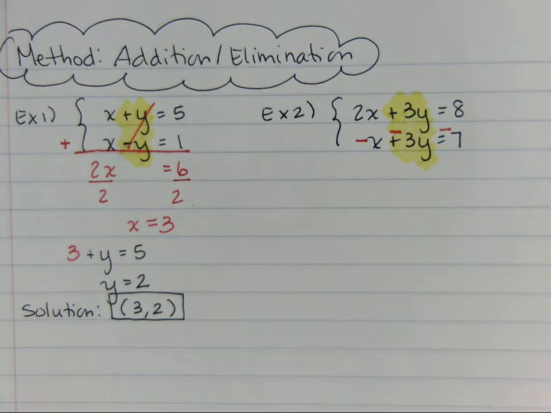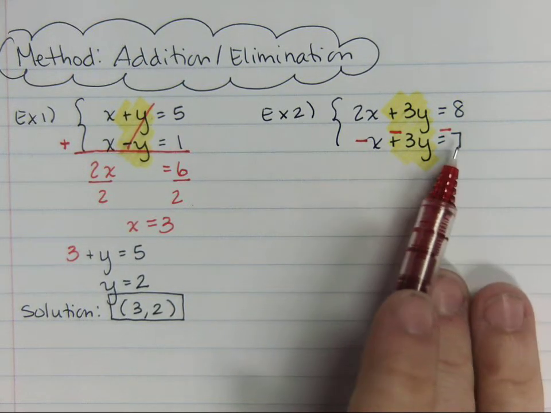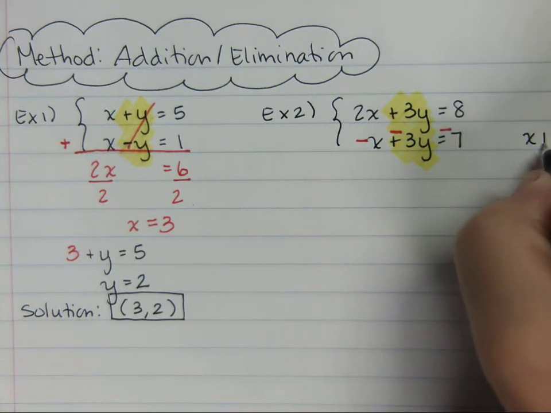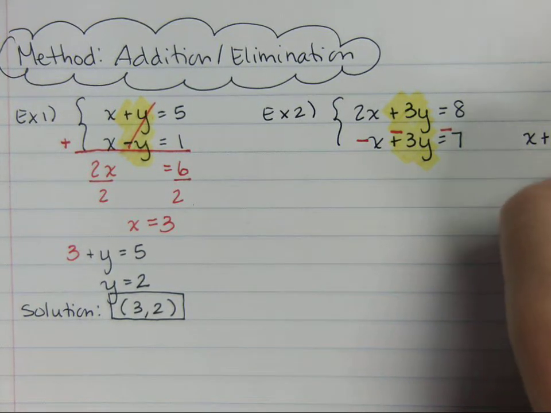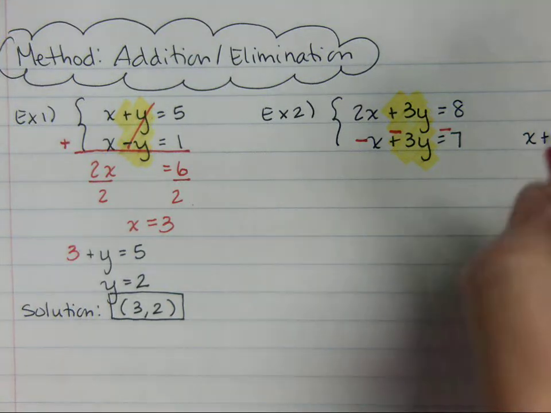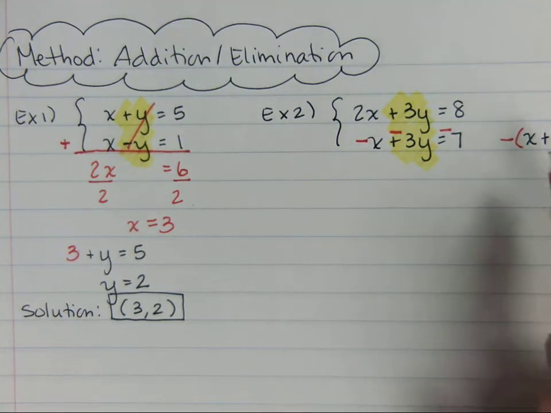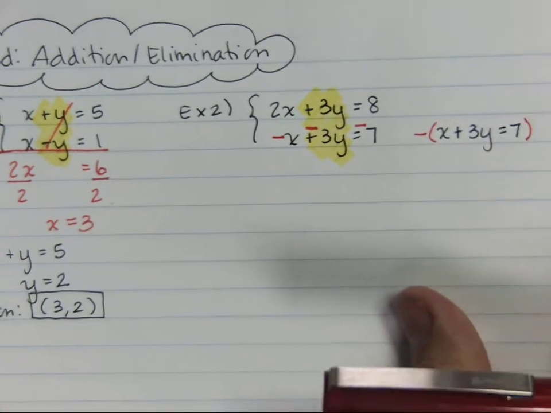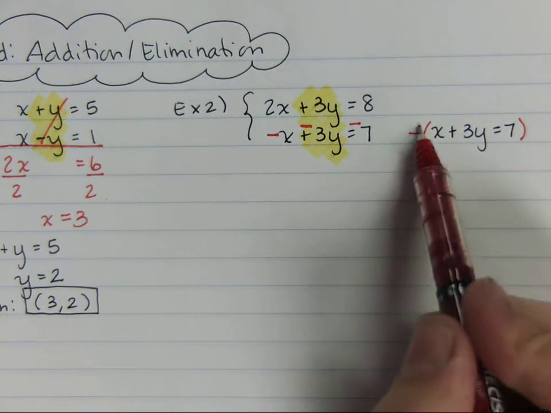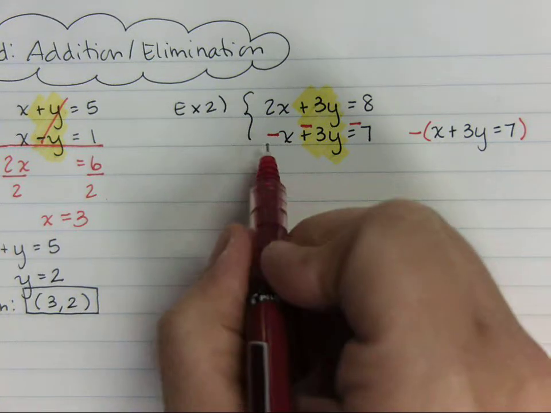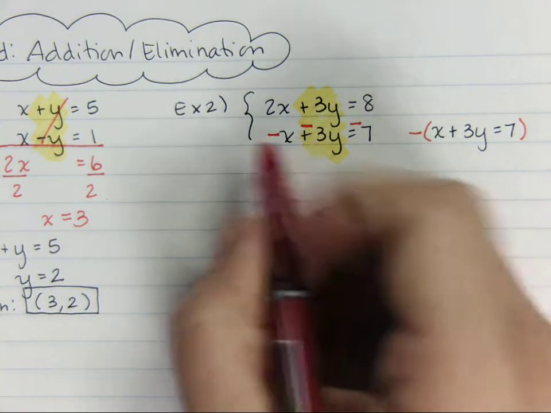I'm allowed to do that because in reality I'm taking the equation x plus 3y equals 7 and multiplying the whole thing by a -1. When I multiply the whole thing by a -1, distributing the negative is what allows me to change the sign on every term. As long as you've done this to every term, you're okay. You can't change just one term.